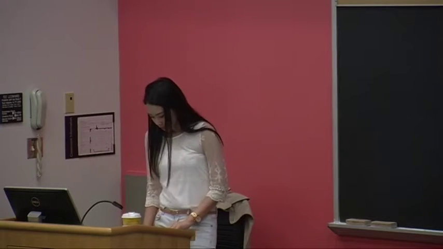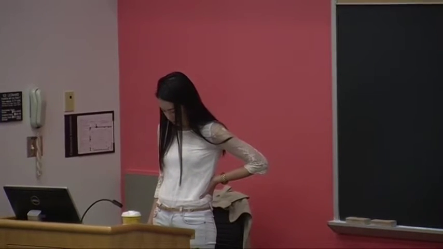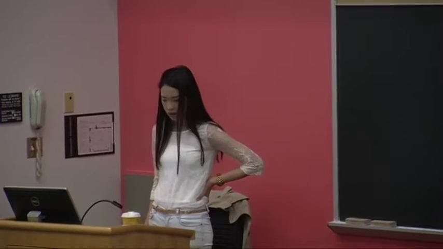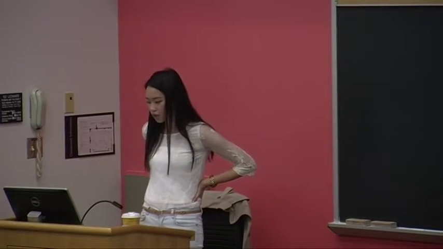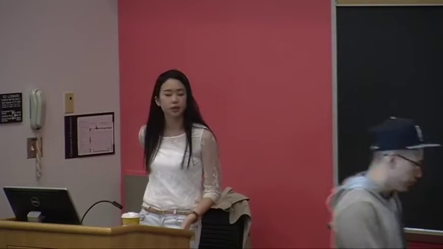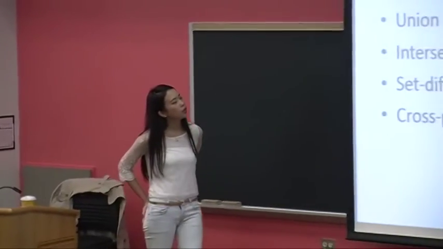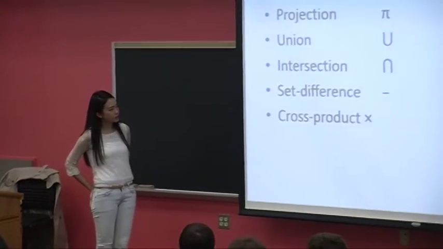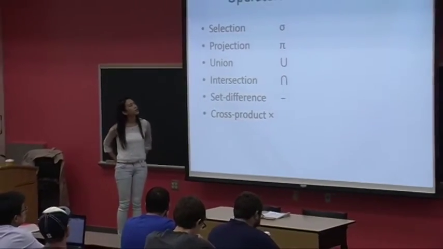Okay? So today, we'll continue the relational algebra from last time. These are the couple of operators we learned from last time. These are more like the basic ones. The first one is selection, so we use sigma to denote that.